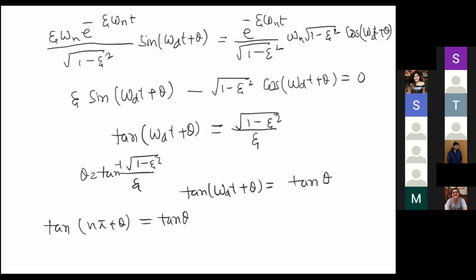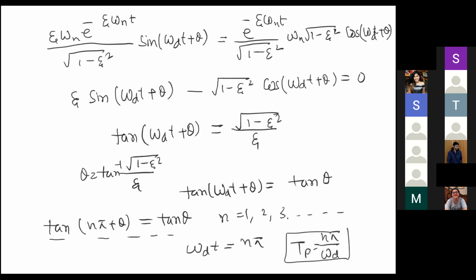So from this property, where n is equal to 1, 2, 3 and so on, we can say that omega d t is nothing but n pi, and here t is nothing but Tp. So Tp comes out to be n pi by omega d. Now what you can say is that Tp is n pi by omega d, where n is 1, 2, 3 and so on. When n is equal to 1, it will give you the first peak overshoot.